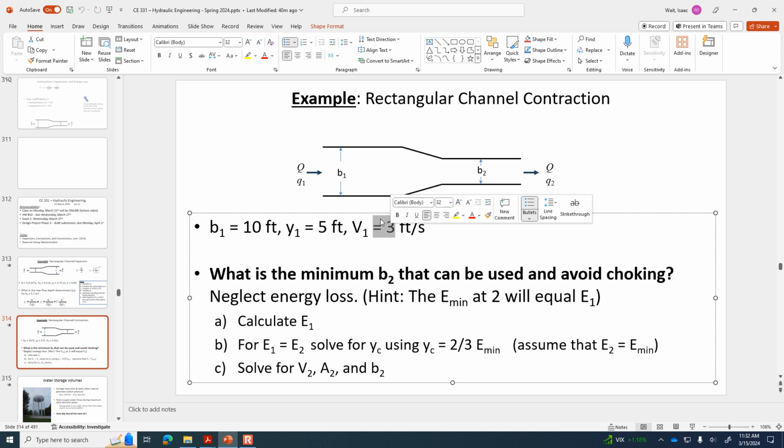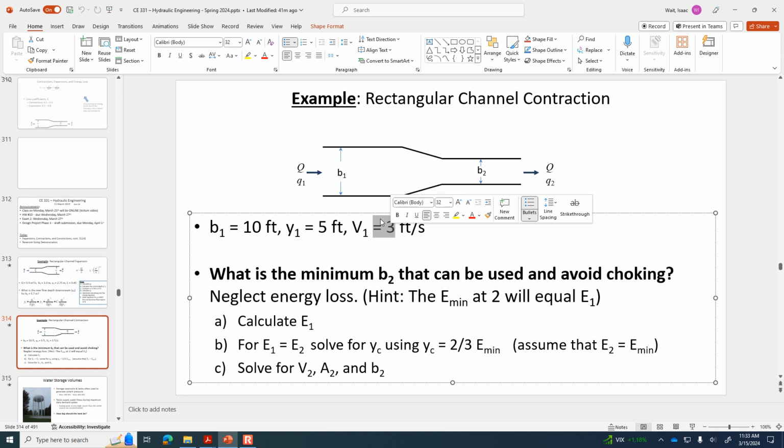So Q is equal to V times A, V1, A1. The velocity upstream was 3 feet per second, and then the area was 5 feet by 10 feet. So the overall volumetric flow rate is 150 cubic feet per second.